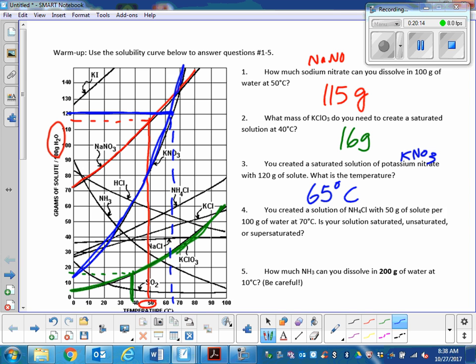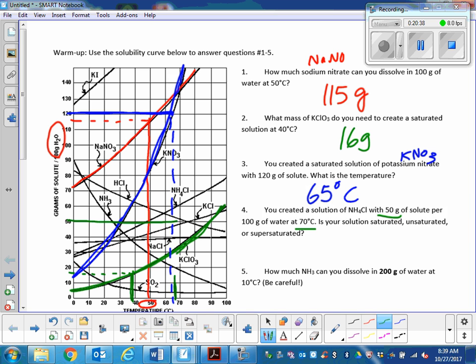Is that right? Natalie, so this is ammonium chloride and we are at 70 degrees and 50 grams. So I'm going to see the intersection of 70 degrees Celsius and 50 grams. Is that right?